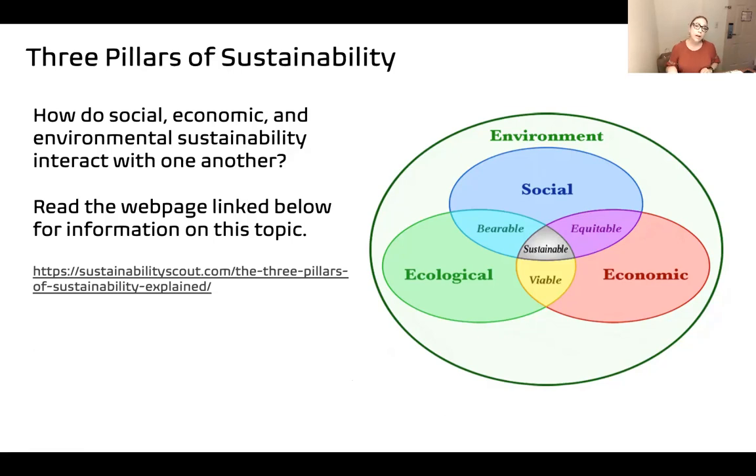We have economic sustainability, and that refers primarily to businesses and production of goods. Are they doing it in an environmentally friendly manner? Are businesses producing goods in a way that will allow future generations to produce those goods as well? Or are we depleting things? Are we destroying the environment to such an extent that our future generations will not be able to produce goods?